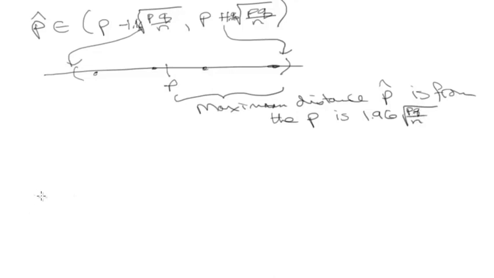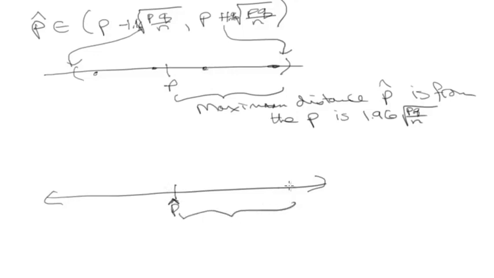Well, let's look at this the other way. Again, this number line is going to be all of the possible sample proportions. I will put the sample proportion in the middle this time, and I will go out that maximum distance again.